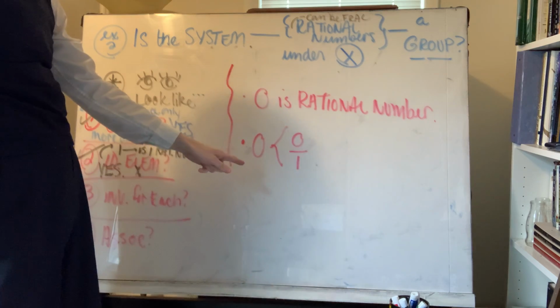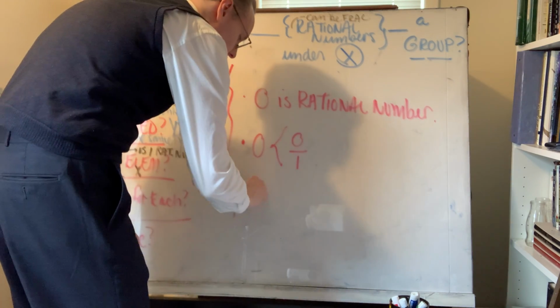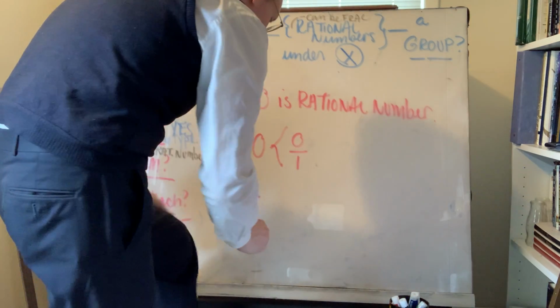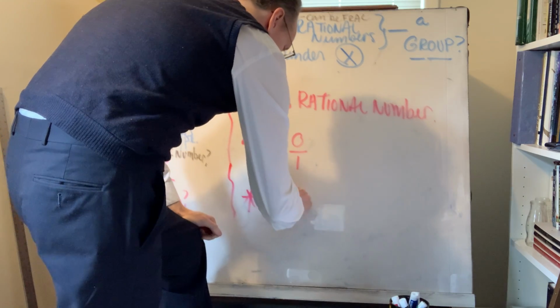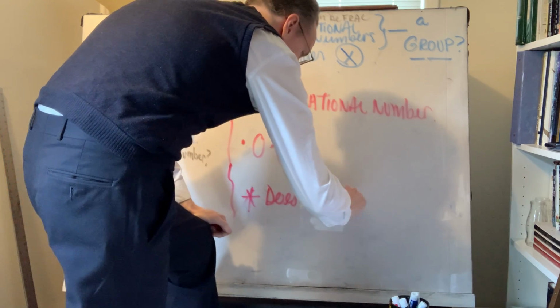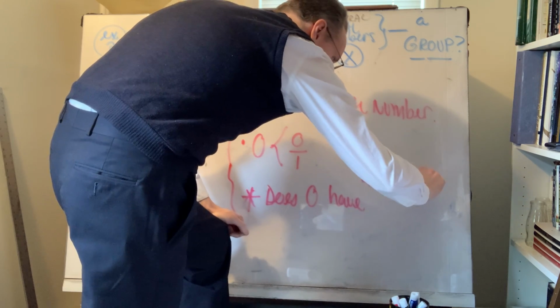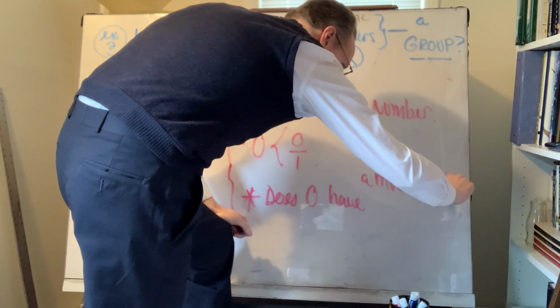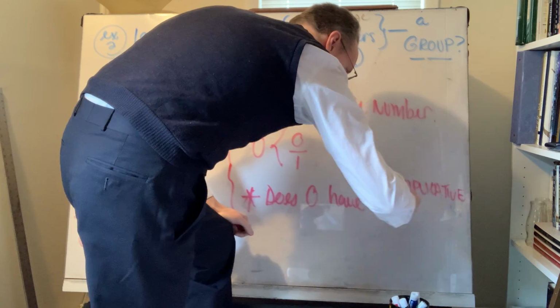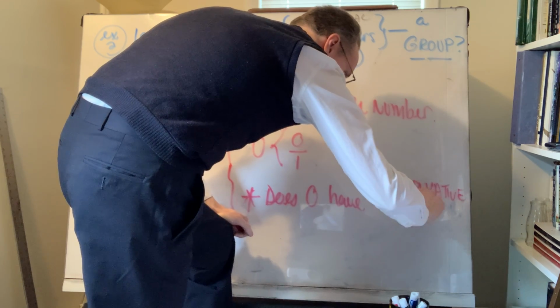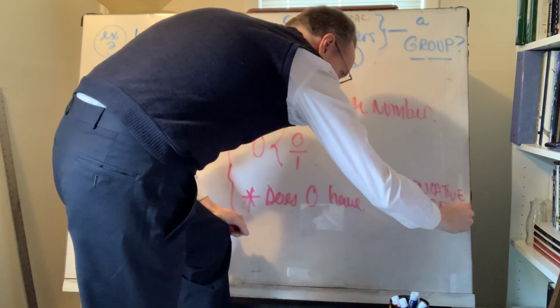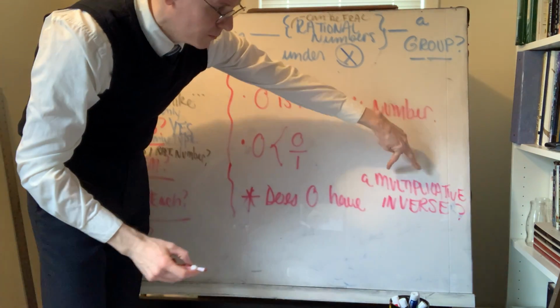But, as mentioned earlier, does 0 have a multiplicative inverse? It has an additive inverse itself. But does 0 have, in fact, a multiplicative inverse?